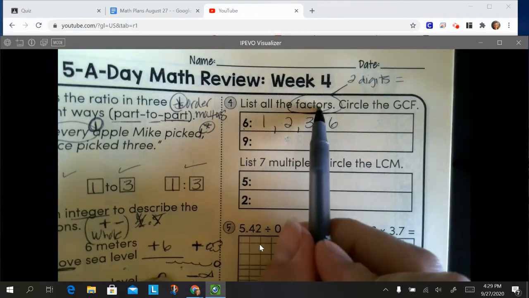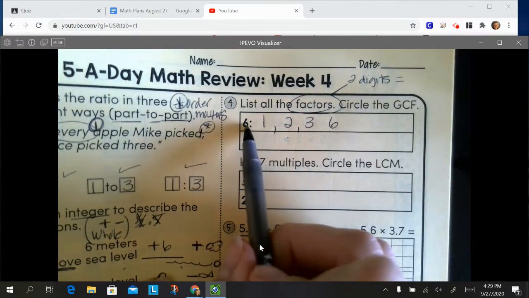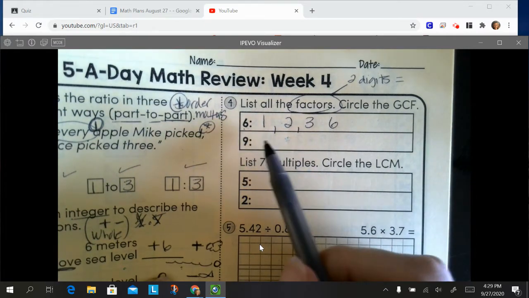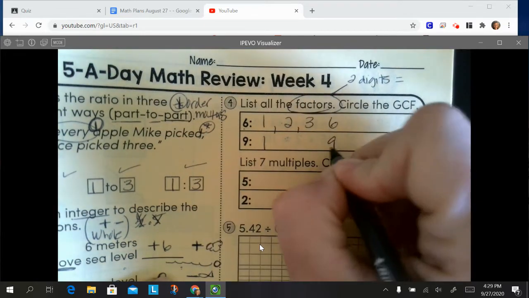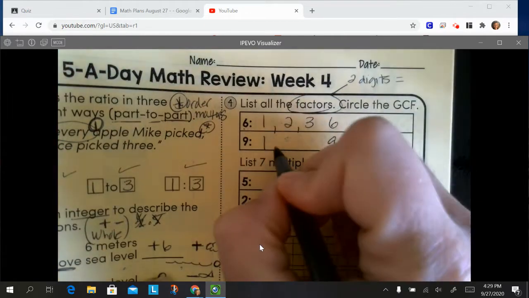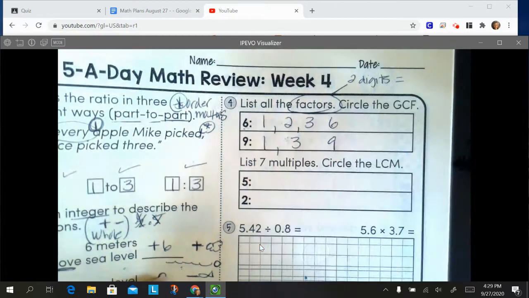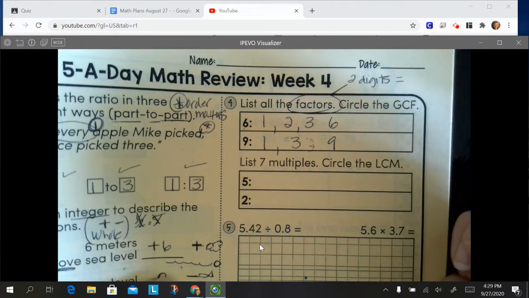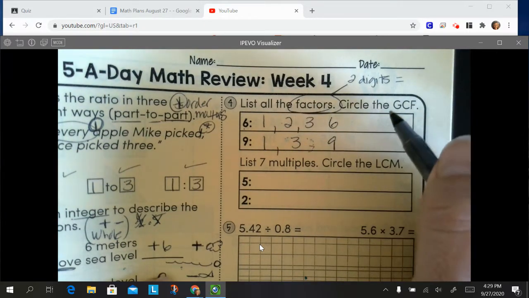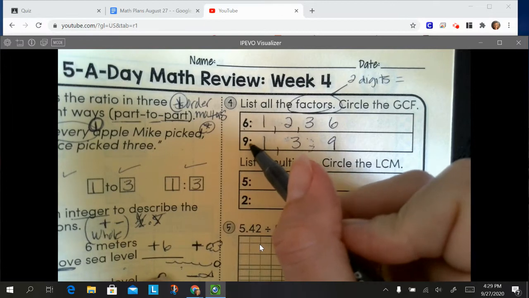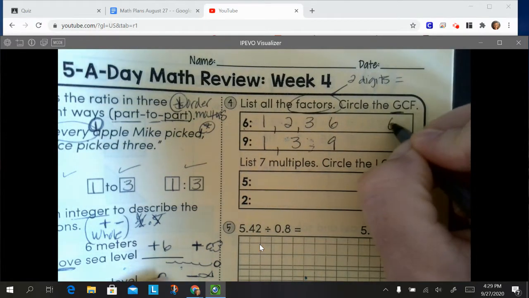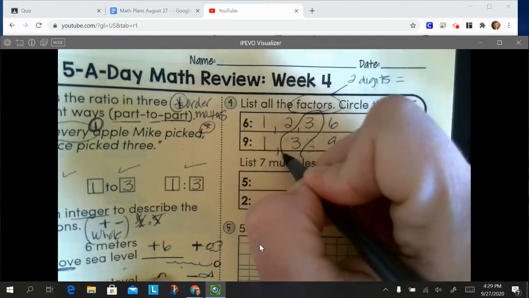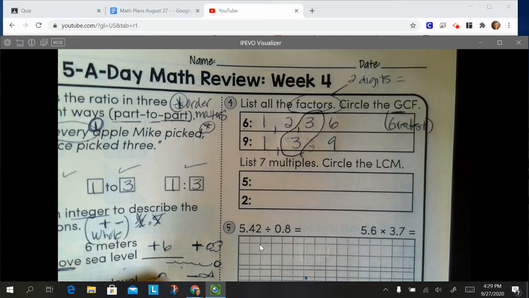So those are all the factors of 6. Now do the same thing for 9. 1 and 9 multiplied together give you 9, and 3 and 3 also give you 9, but we don't have to write that other 3 in. Now we have all the factors of 6 and of 9, and we want to figure out the greatest, that's what G stands for, the greatest common factor. And it's 3. Good job.